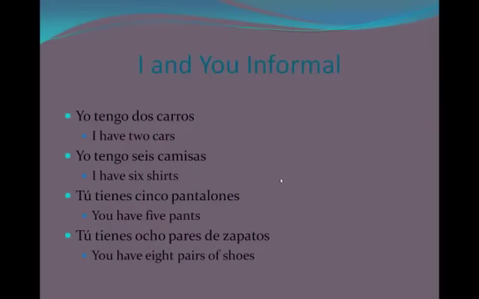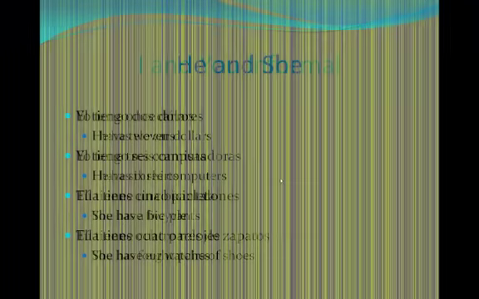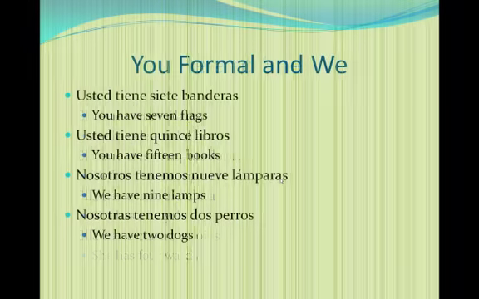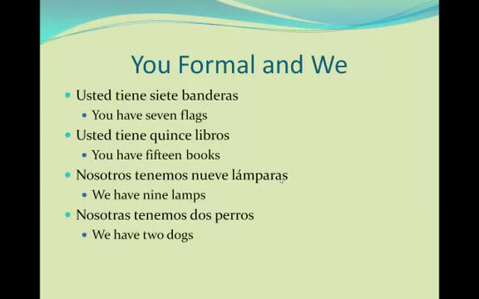Okay, yo tengo 2 carros, yo tengo 6 camisas, tú tienes 5 pantalones, tú tienes 8 pares de zapatos. Él tiene $11, él tiene 3 computadoras, ella tiene una bicicleta, ella tiene 4 relojes, usted tiene 7 banderas, usted tiene 15 libros, nosotros tenemos 9 lámparas, nosotras tenemos 2 perros.